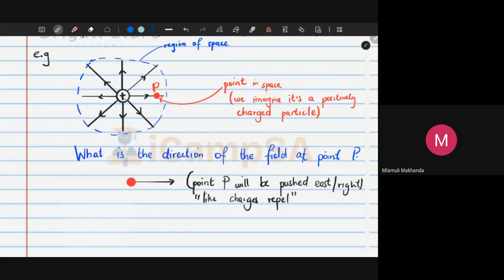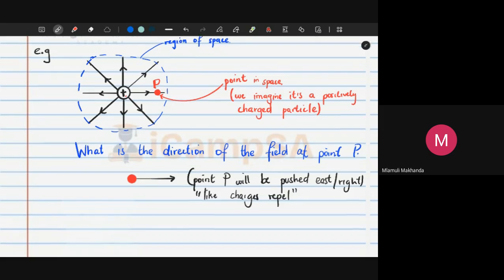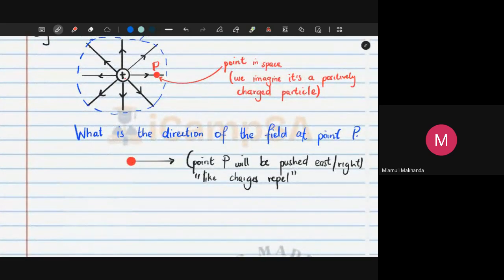Because like charges repel, point P will be pushed to the right. As a result, the direction of the electric field at point P will be to the right.